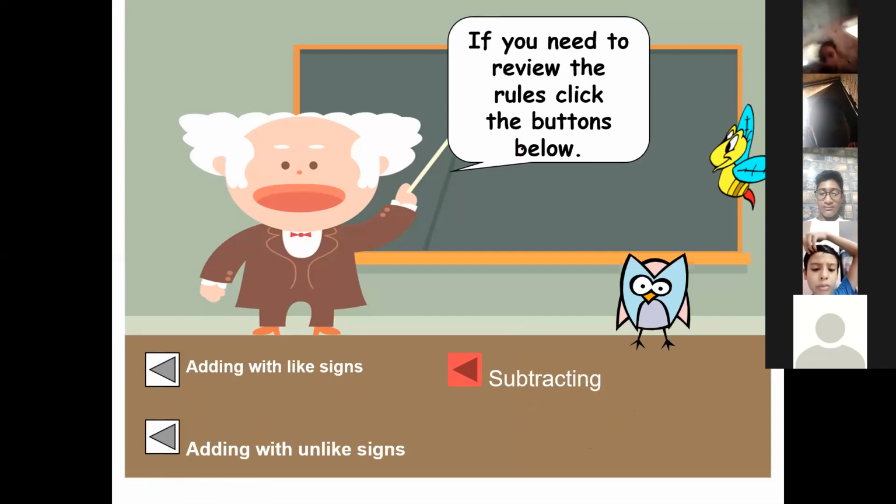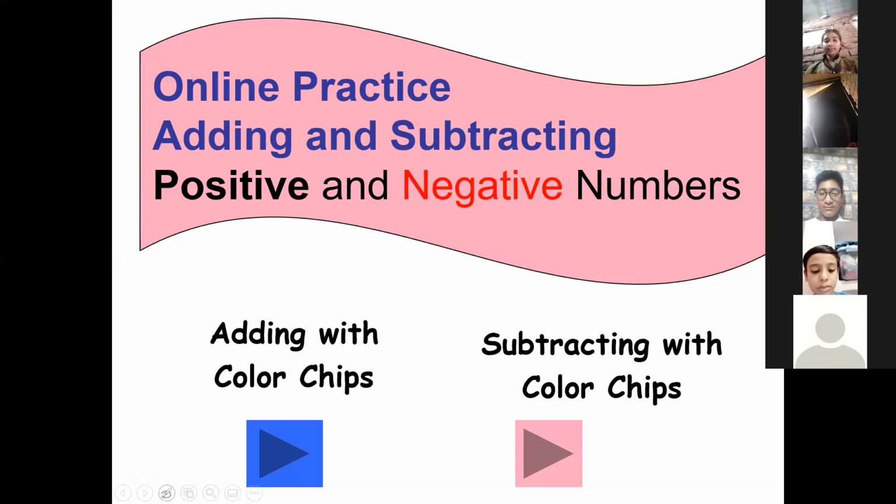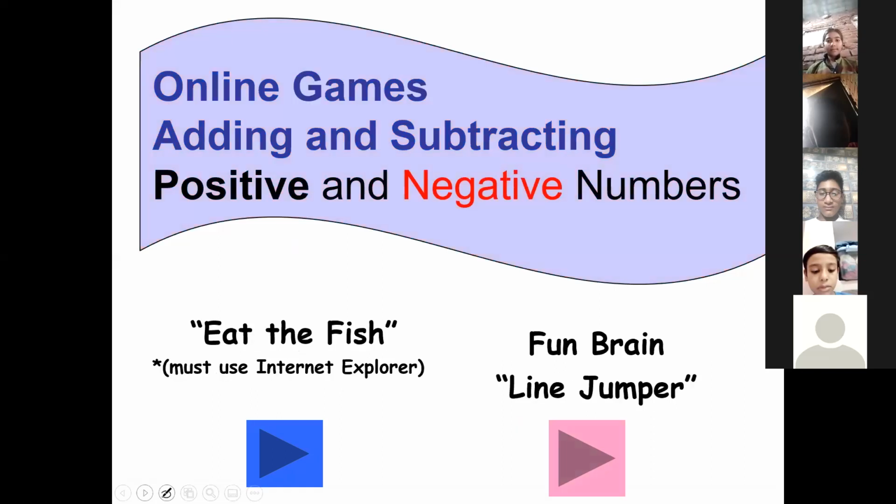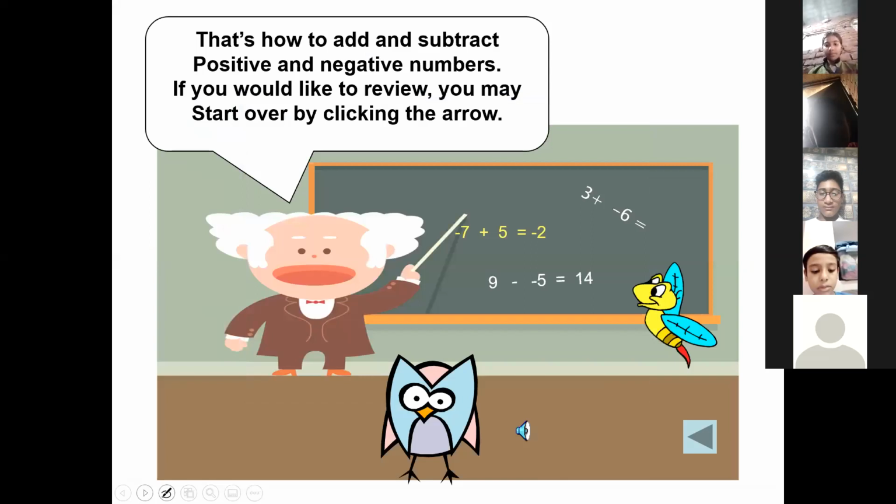Now, if you need to review the three rules, click the button below, okay, and you can revise it. So this is all about this chapter.